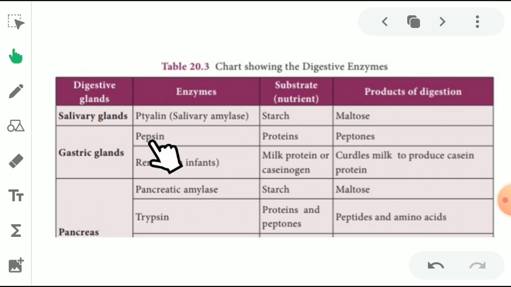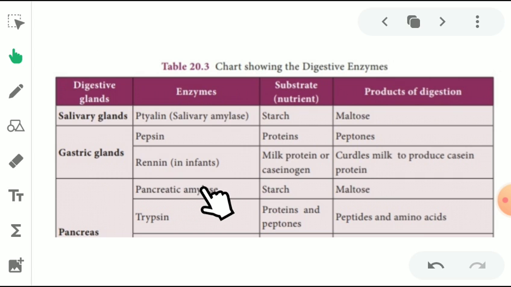Gastric gland, pepsin is the enzyme. Pepsin digests protein into peptones. Gastric gland, renin, in infants, that is newborn babies: milk protein caseinogen is converted into curdled milk, producing casein.